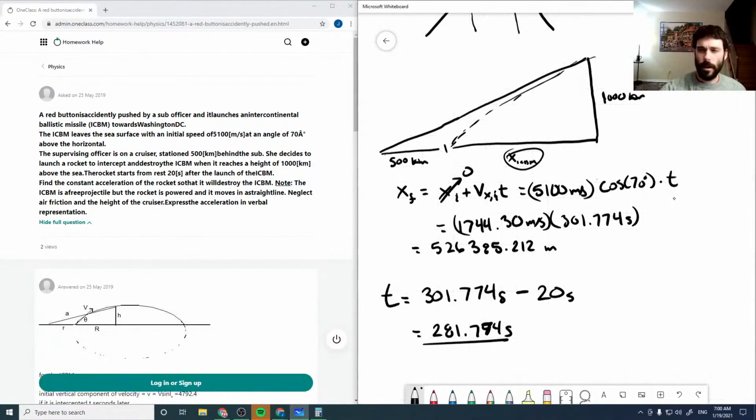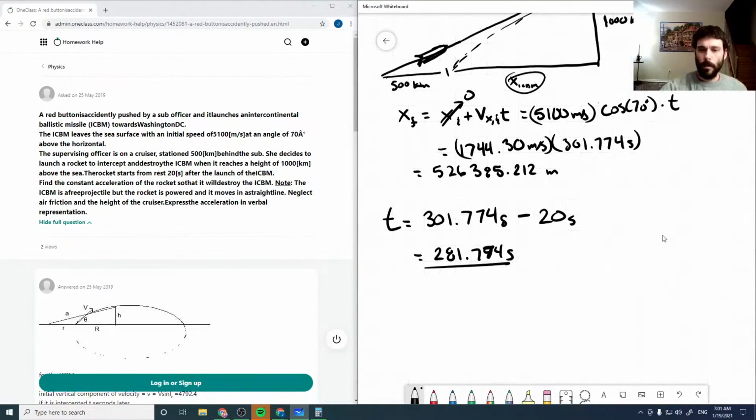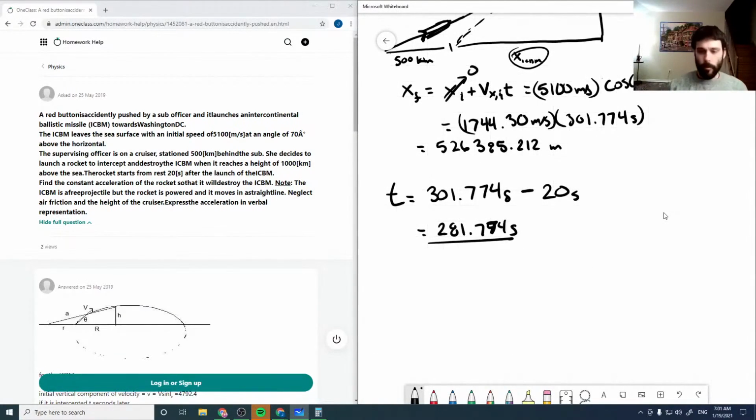The rocket is going to travel in a straight line. And we just need to find the constant acceleration of the rocket. It doesn't matter what force is being applied, we just need to know what acceleration the rocket needs. And so for that we can use our kinematic equations.